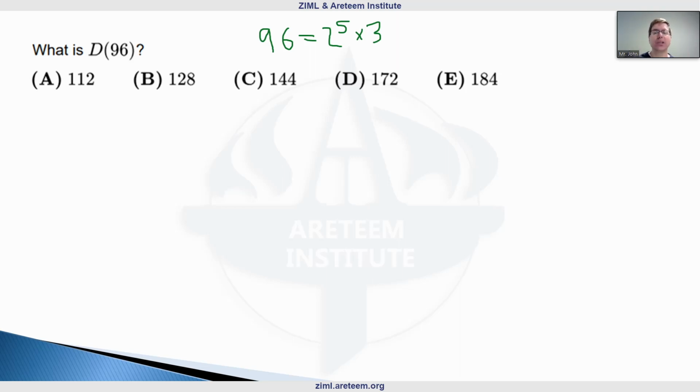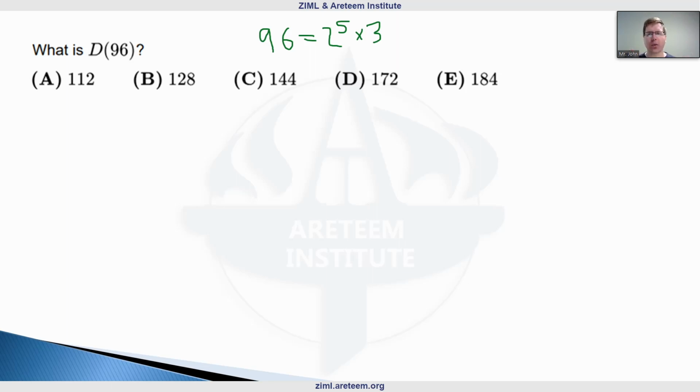There are lots of different ways to do this problem, but the way I like thinking about it is focusing on the 2 to the 5th first. All of these factors are made up of 2's and 3's. We have 5 2's and then 1 3.